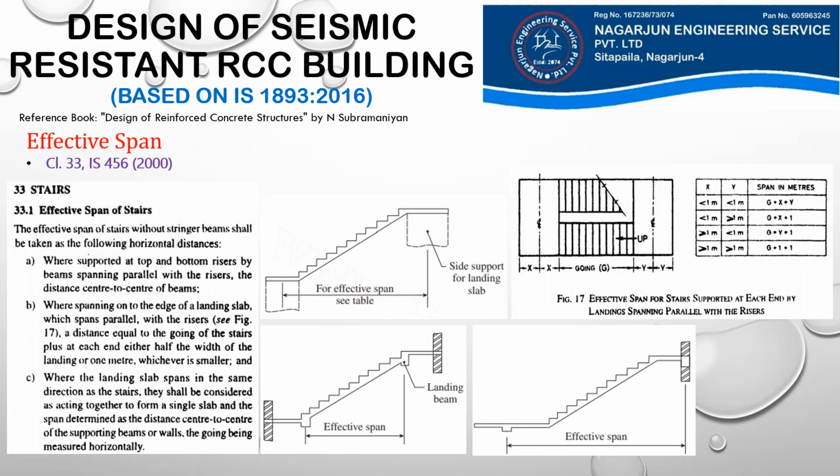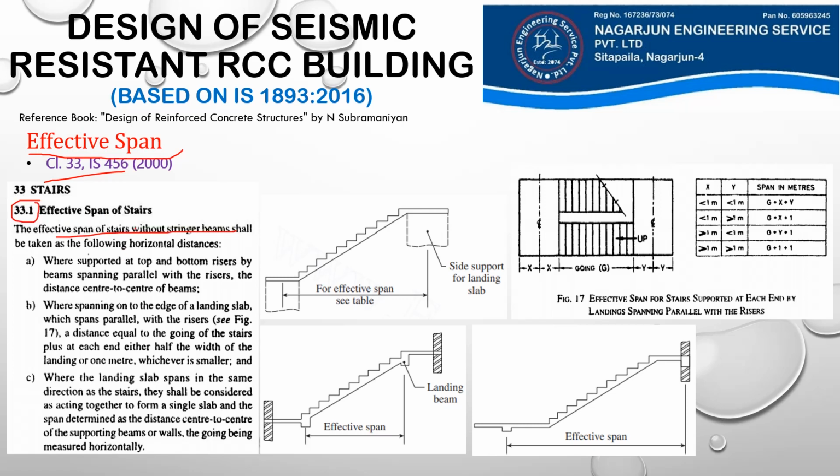Now let's come to some codal provisions regarding the staircases. The first codal provision is regarding effective span, which is illustrated in clause 33 of IS 456 2004. So there are three basic clauses regarding effective span of stairs in 33.1.